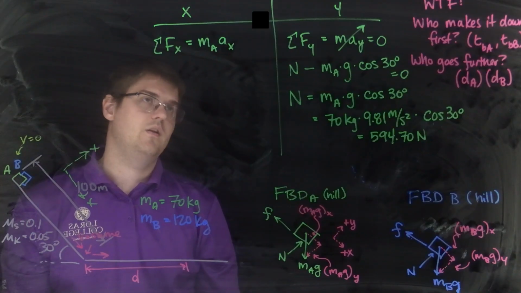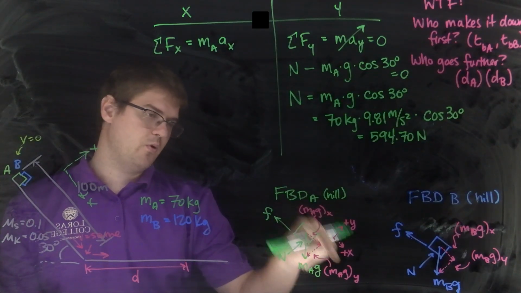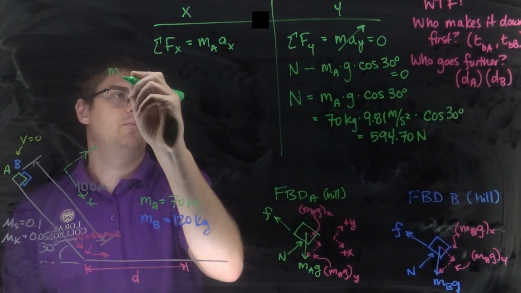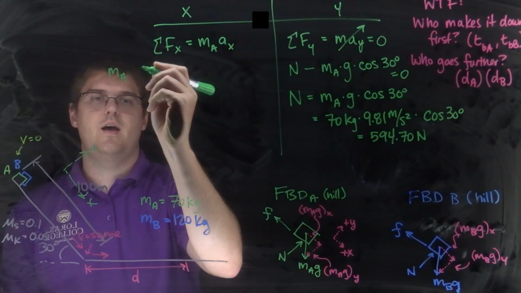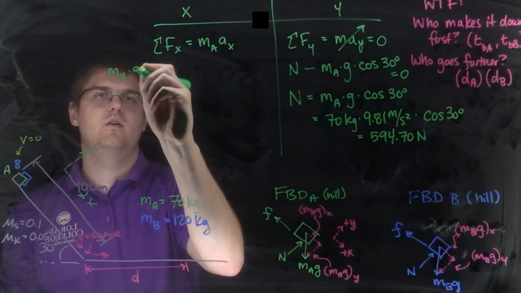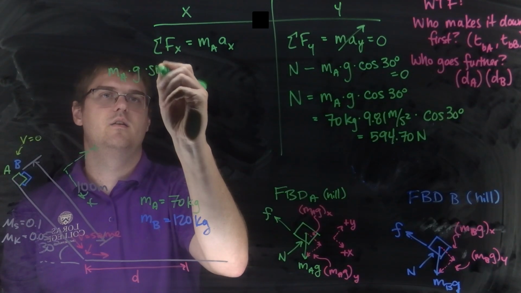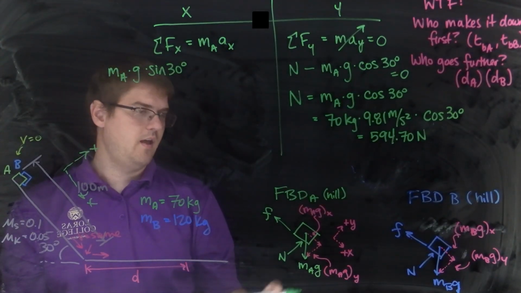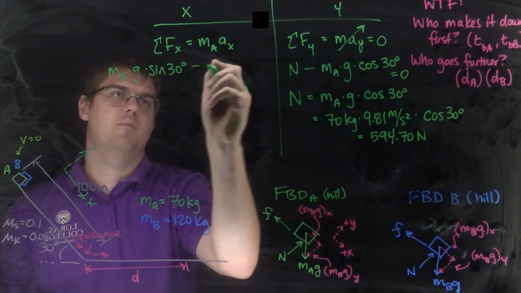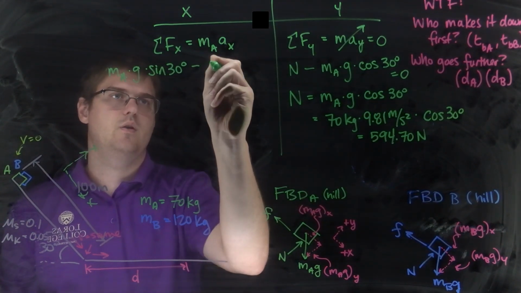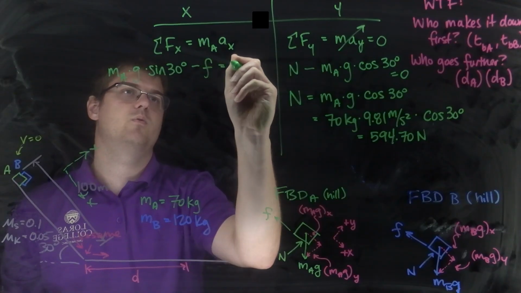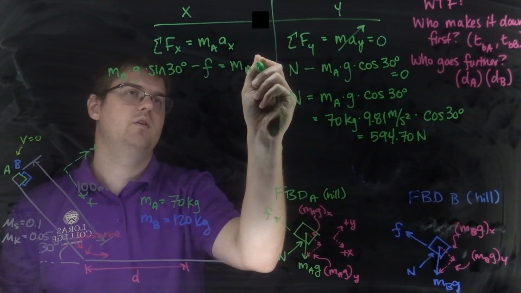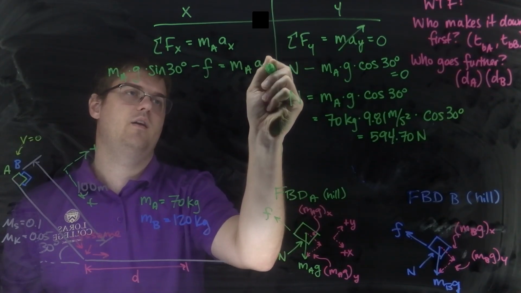So in the positive direction, I've got the portion of gravity pulling me down, so I've got my mass of A times gravity times sine of 30 degrees. And then counteracting that, I have minus friction. And you will write it as friction the first time, equal to the mass of A times the acceleration of A in the x.